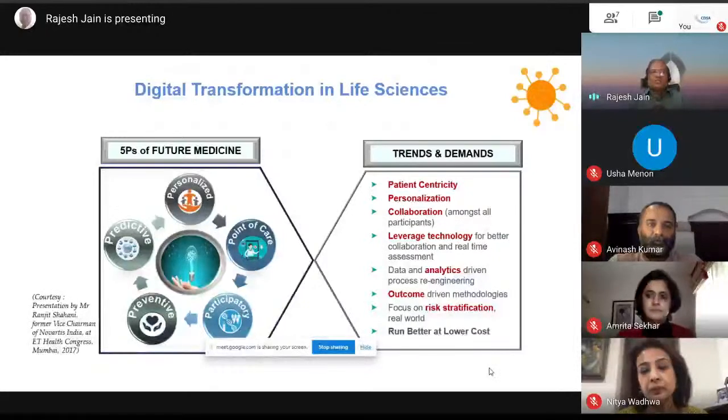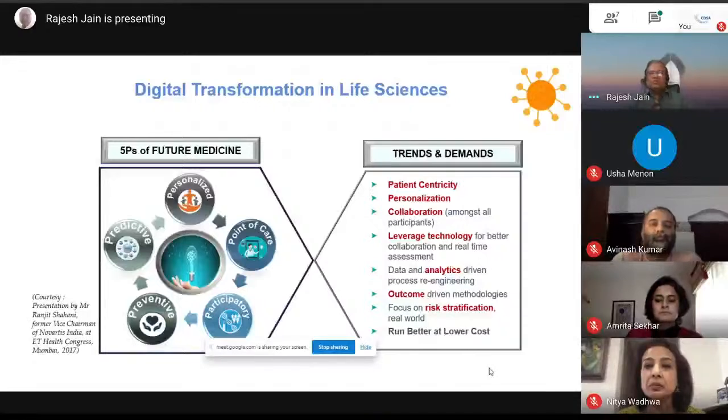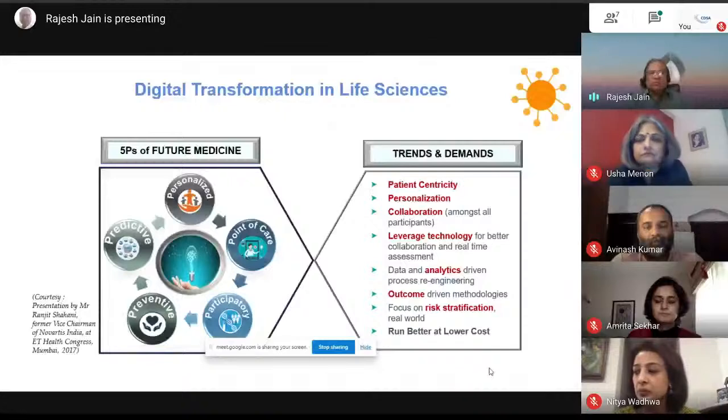Now, trials are changing because healthcare is changing, and if healthcare is changing, the life sciences industry is forced to change. There are key themes driving the entire healthcare industry with respect to how they manage patients. There is a theme around patient centricity, a theme around personalization, and a theme around collaboration.